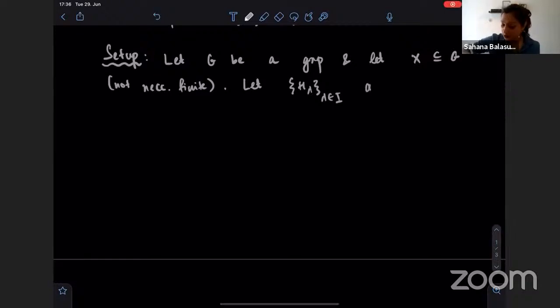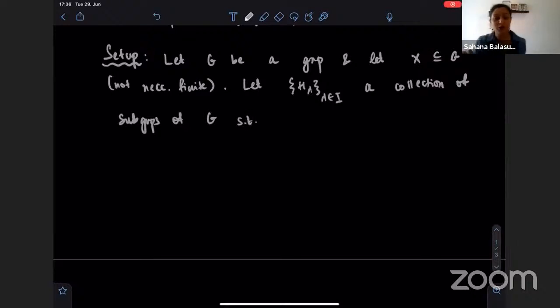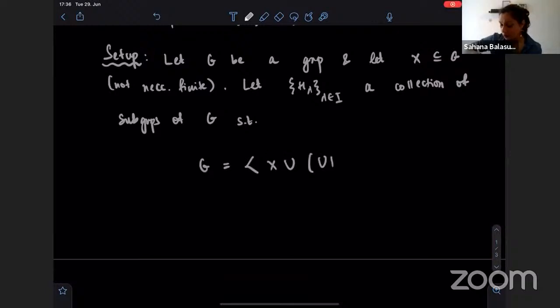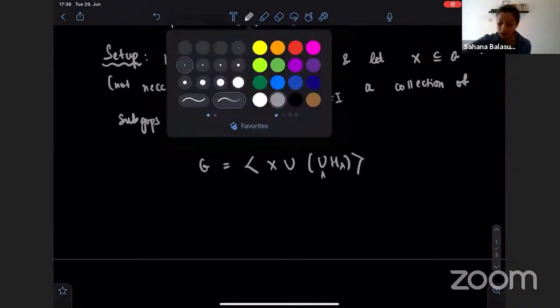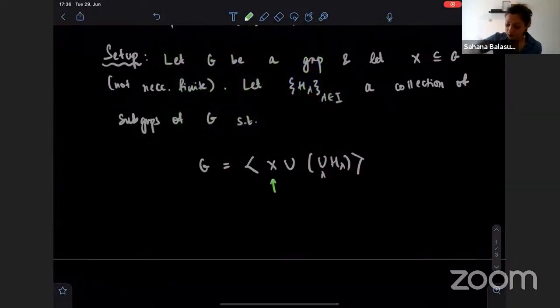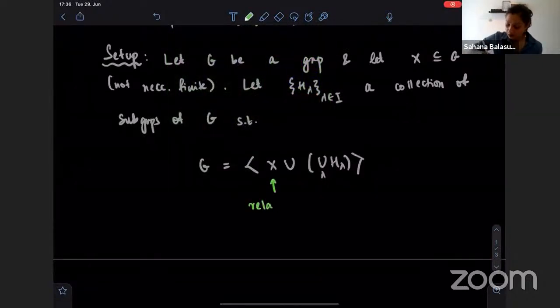So suppose this is a collection of subgroups of G such that the following is true: the group G is generated by X union all of these subgroups that I have. In this setting, I'm going to term this set X a relative generating set.